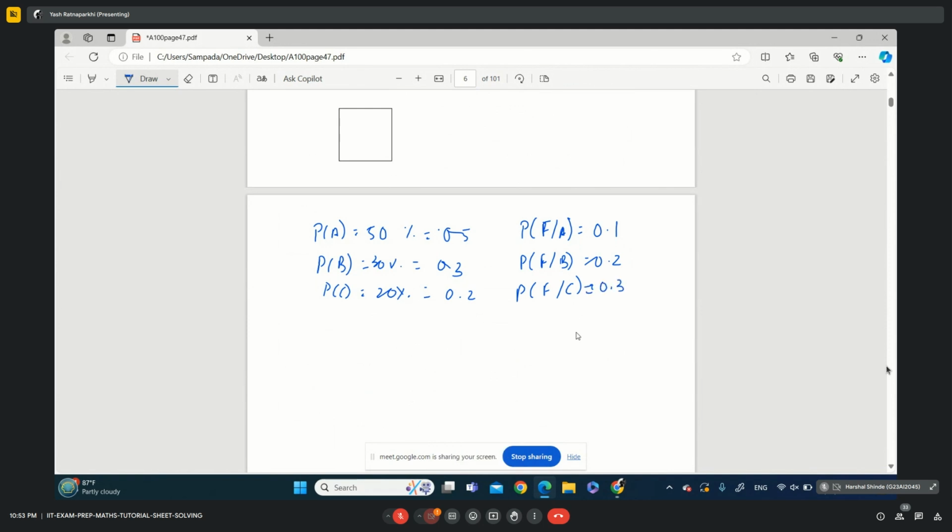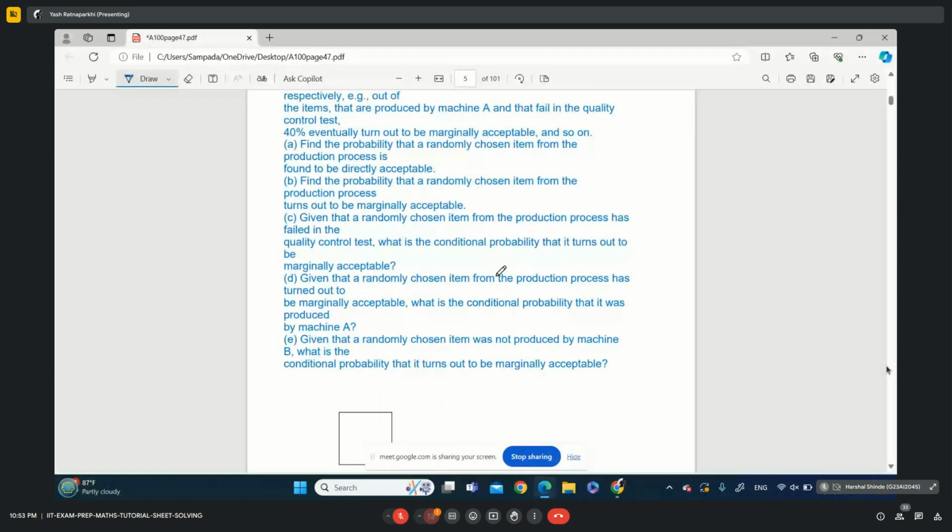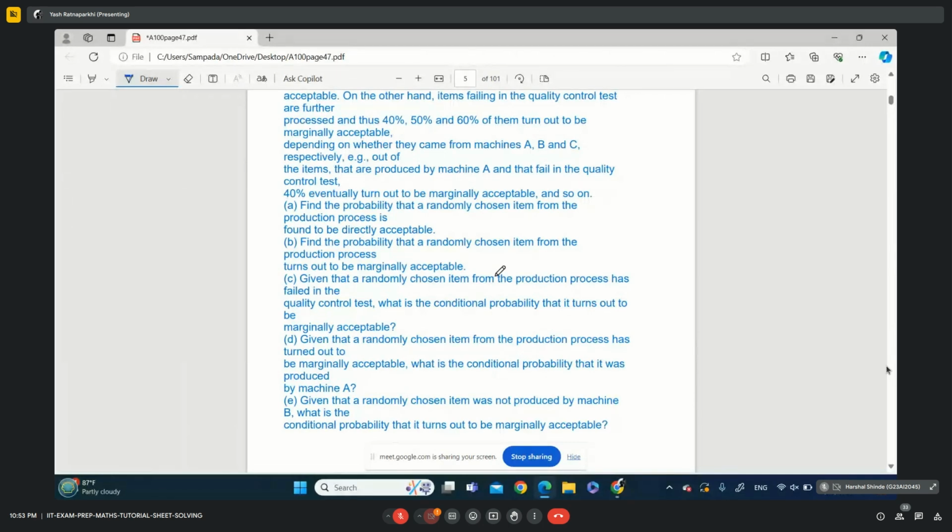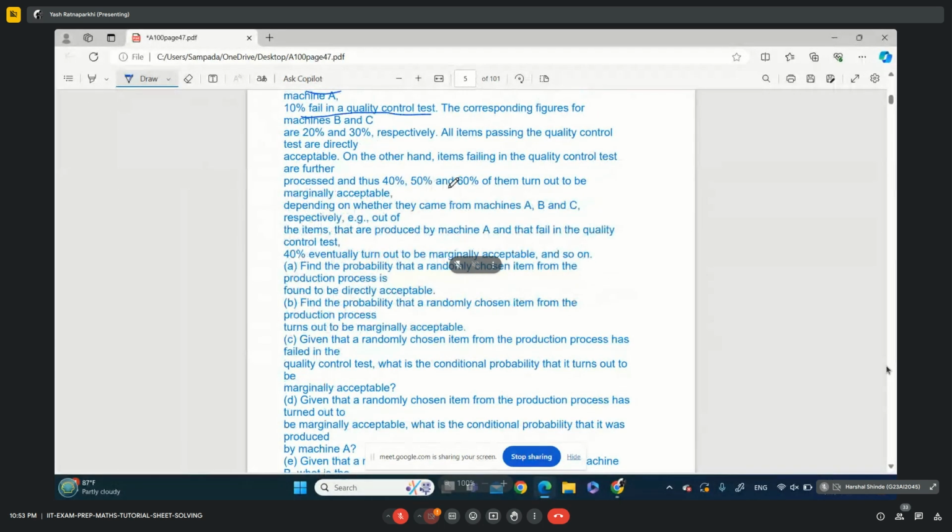Understand it carefully, because this has 5 parts, and if you miss any part then you will find trouble in other parts. So please be careful while we are solving this question. Let me read that.